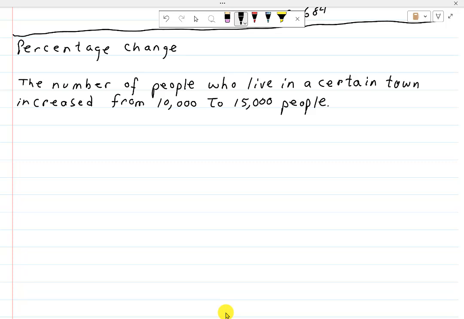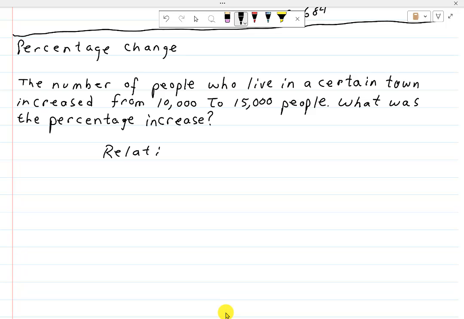So we want to know what was the percentage increase. So the way the formula works is your book refers to this as relative change, so I'll use the same terminology. I personally like to call it percentage change.